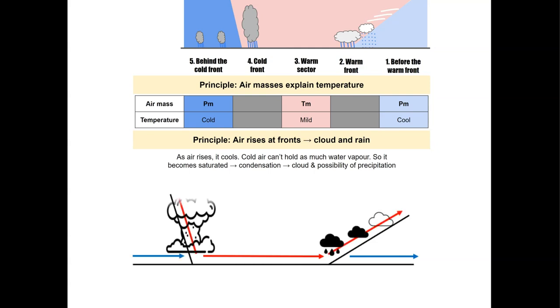So you're getting the air rising at the fronts. As it rises, the air cools, cold air can't hold as much water vapour, it becomes saturated, leading to condensation, formation of cloud, and the possibility of precipitation. So the principle you can see here, air rises at the fronts, giving cloud and rain.